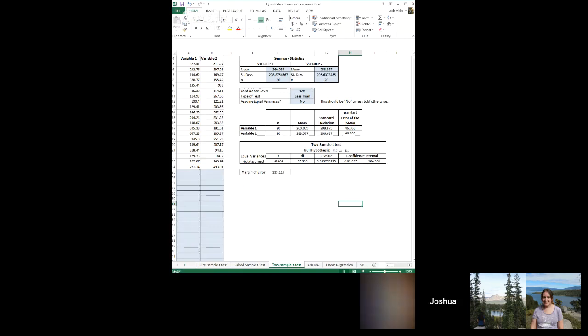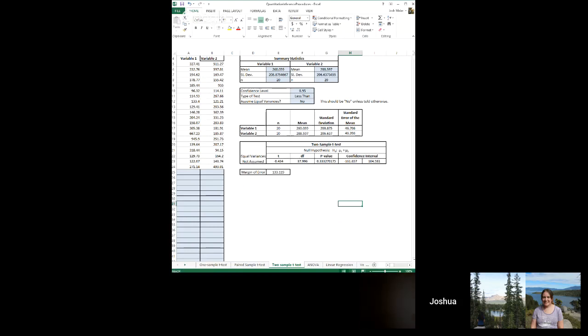Is it sufficient if you fail to reject and then insufficient if you reject or something like that? Is that how the wording goes? It's sufficient if you reject the null. It's insufficient if you fail to reject the null.